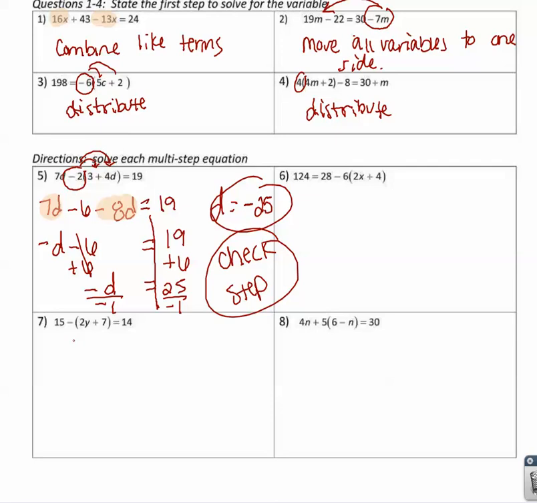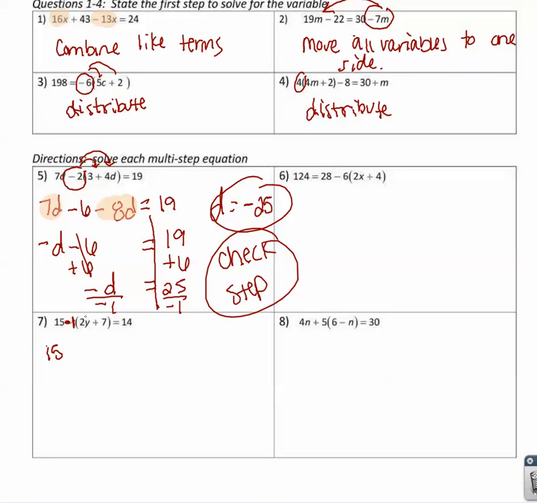On number 7, this says negative 15 minus 2y plus 7 equals 14. You need parentheses, so you're going to have to distribute. Remember, this is the same thing as a negative 1 on the outside of your parentheses.